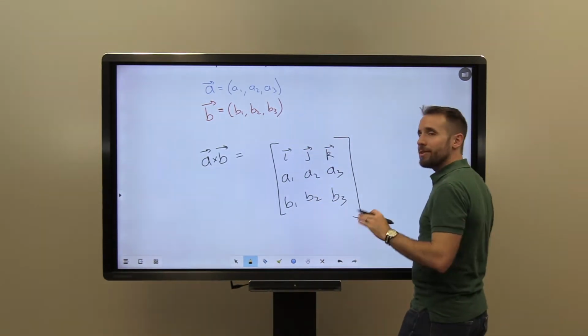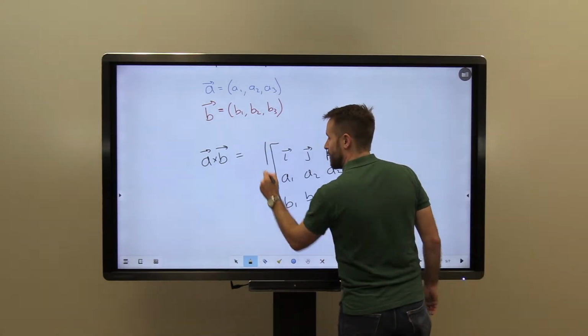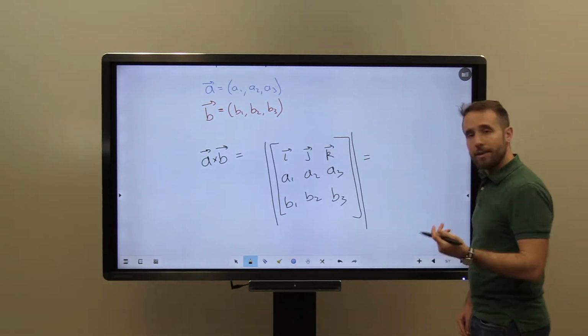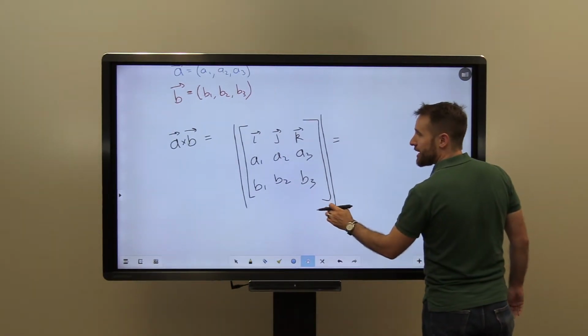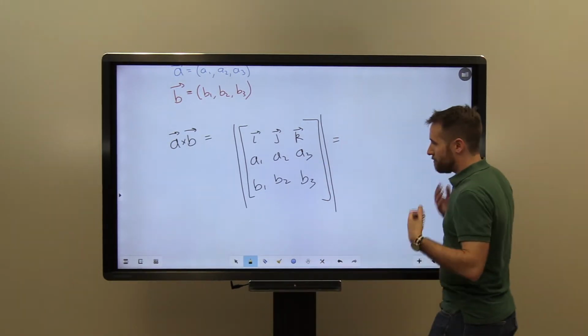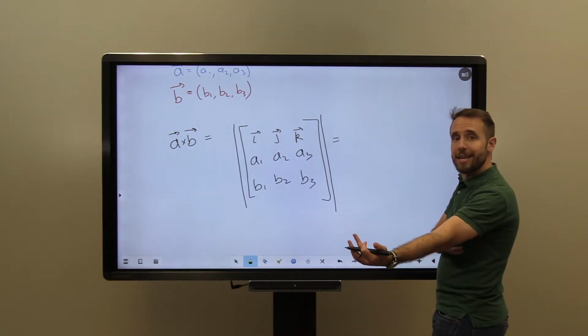And the idea is once I've set up this matrix-looking object, I'm just going to take the determinant of it, right? Now, of course, for a matrix we're supposed to have all of the entries be numbers, so this is not really taking the determinant of a matrix as we might like, but we're going to do the same computation.